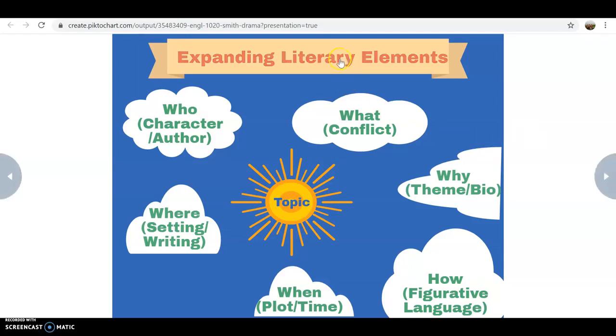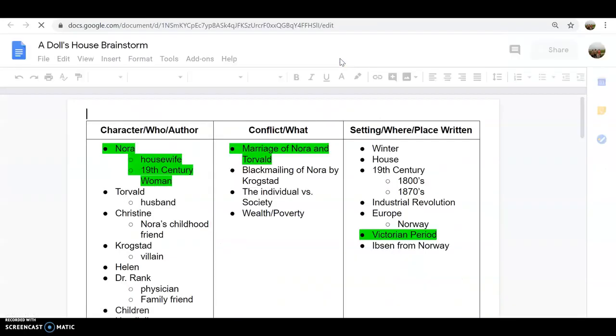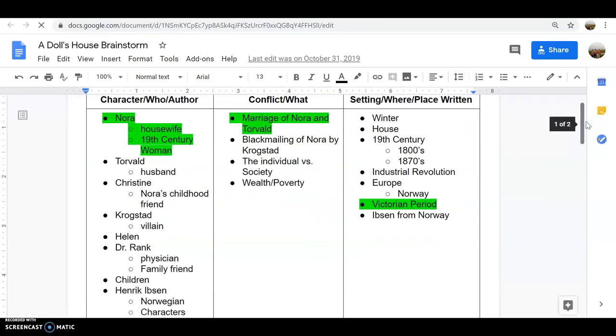And just because I'm a big research nerd, I always like to do my own brainstorming for anything I'm researching. And I do it in a lot of detail because I know when I get to those databases, I need some foundation to go on. So I might take all the characters in a story and look at them and decide, Nora is a housewife. She has a major role in the story.